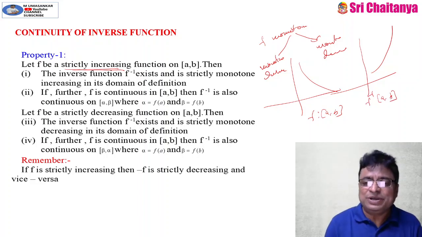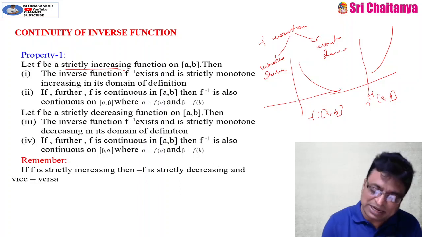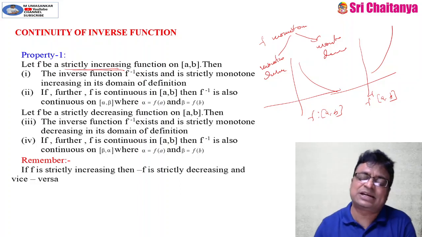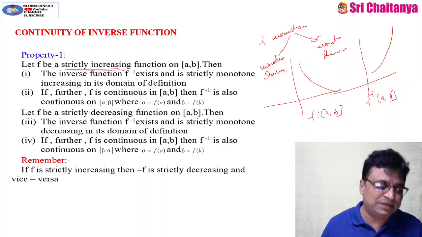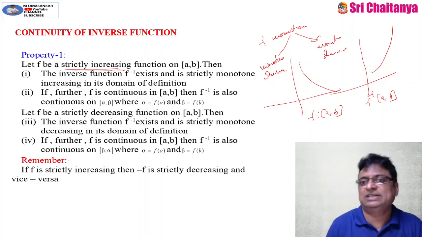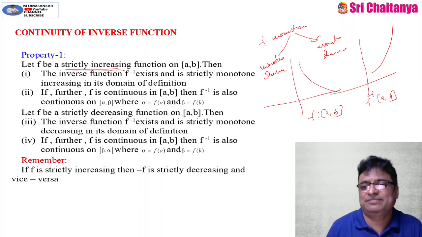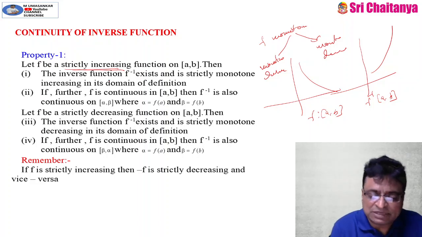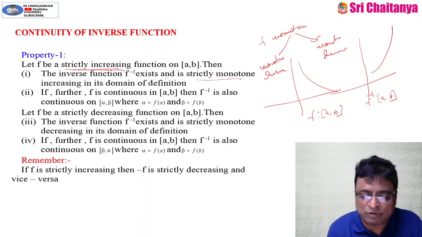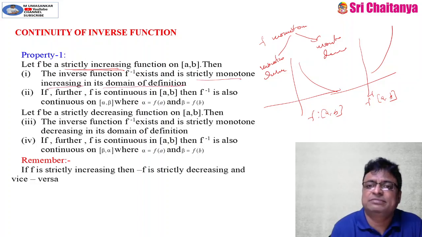Okay, so similarly, if f is strictly decreasing in closed interval [a, b], then its inverse is also decreasing. Okay, so listen, f inverse exists and is strictly monotonically increasing in its domain.